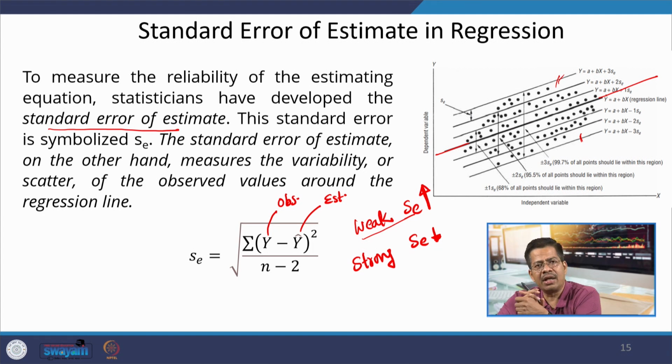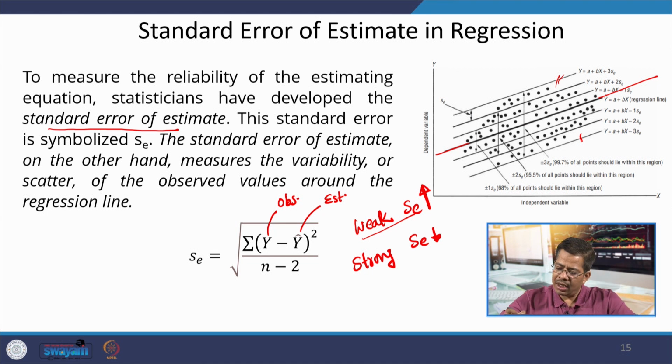If your standard error of estimation is very high, in fact, I can recommend that we should not use this regression equation for prediction purposes. Maybe we need to identify a new independent variable x which can have better predictability. It is in a way also an indicator of predictability of your x, whether x is able to predict your y or not.